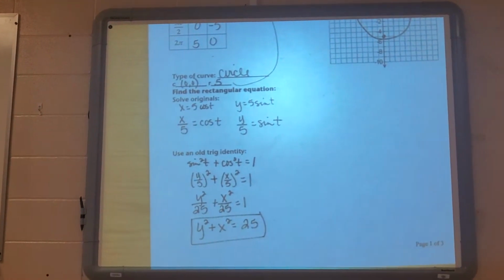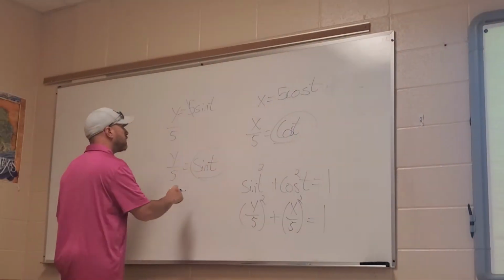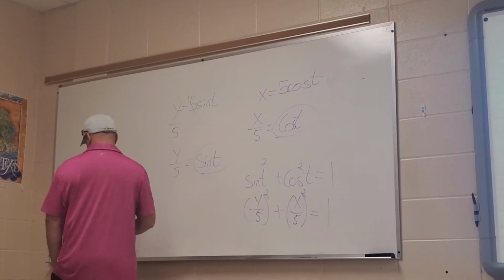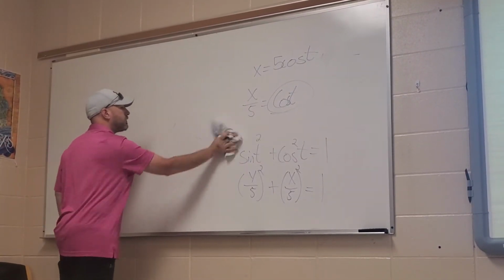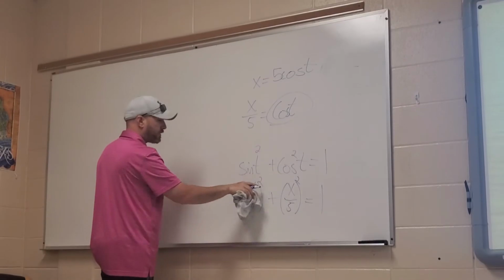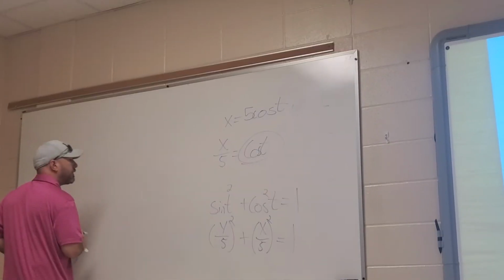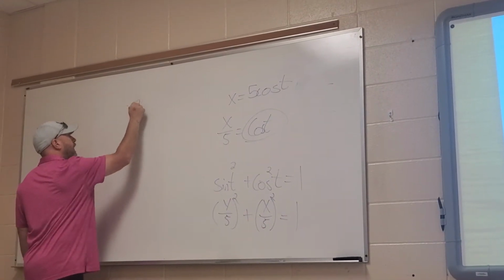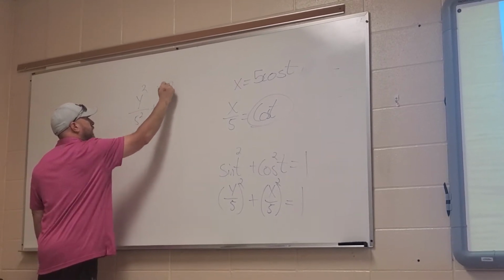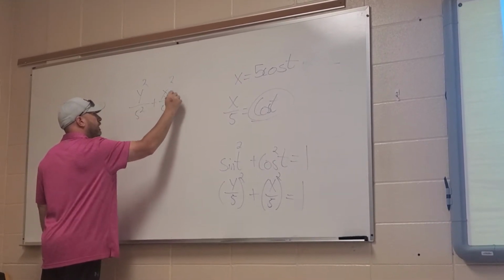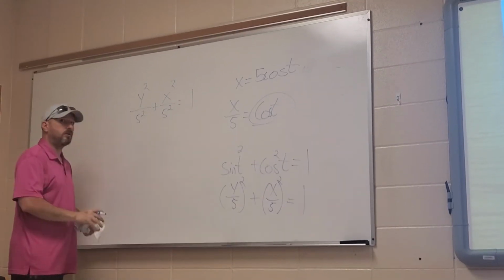So you can square these out. By the properties of exponents, we can distribute the square in. So you get y squared over 5 squared plus x squared over 5 squared equals 1.